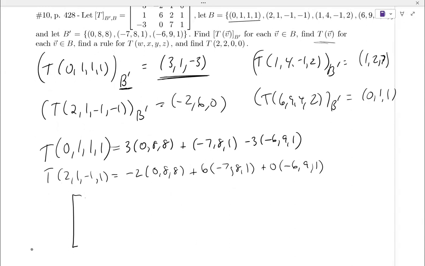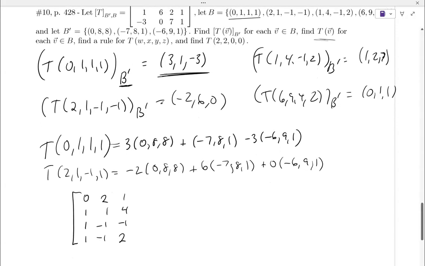We could take each of those basis vectors and find the coordinates of the input with respect to that basis, right?